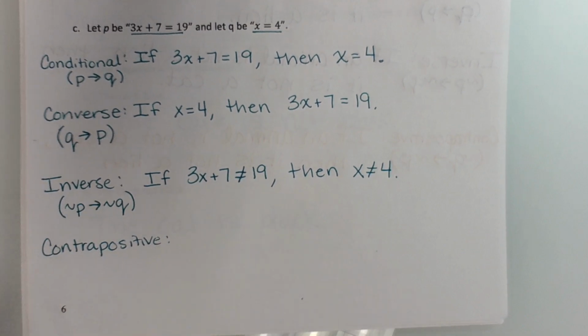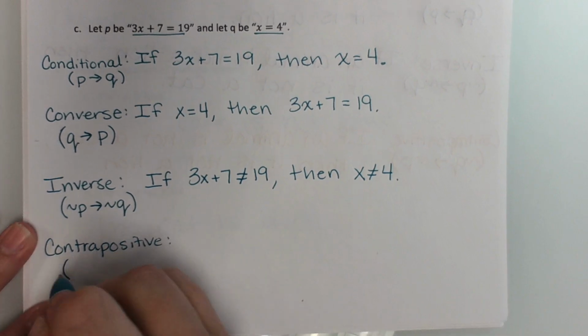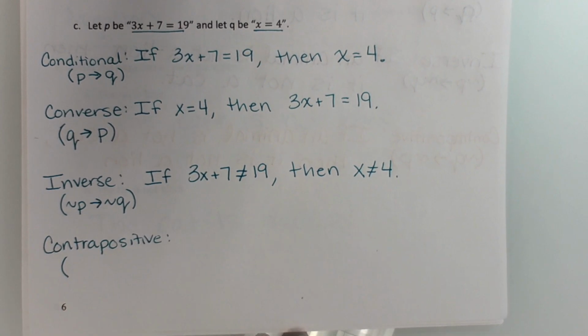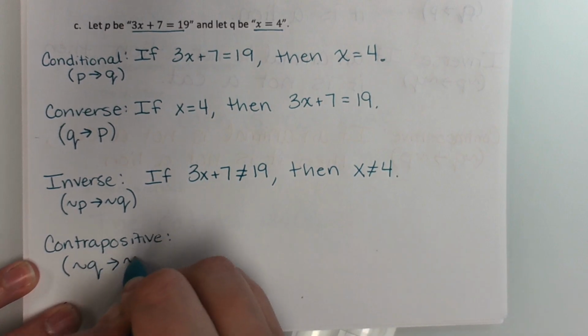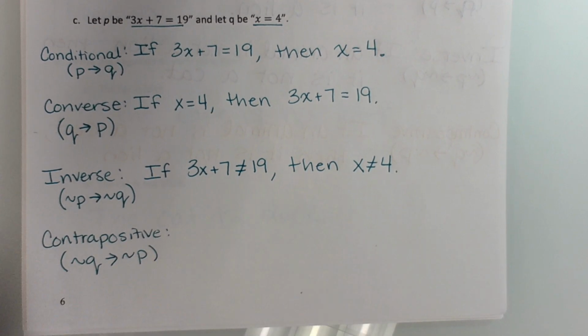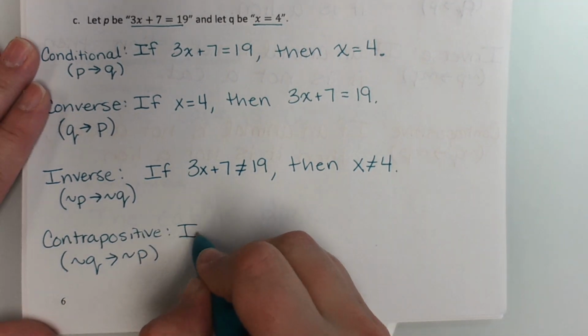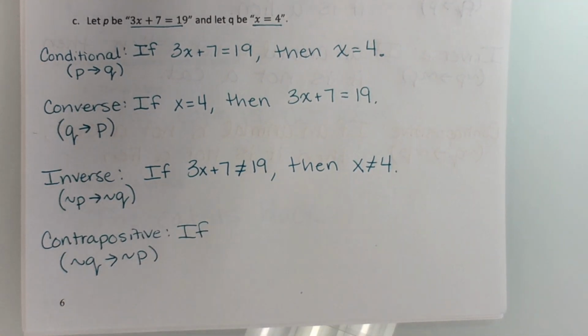The last one's the contrapositive. Jack, what's the little symbol-y version of it? If not Q, then not P. If not Q, then not P. So, if I need to start with not Q, Mason, what does not Q look like?